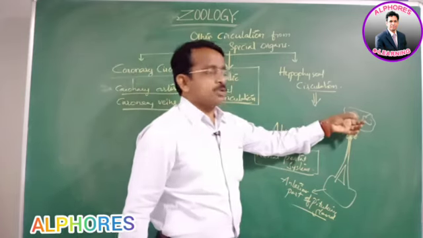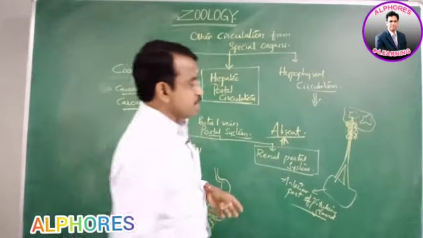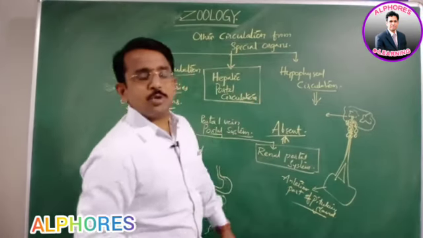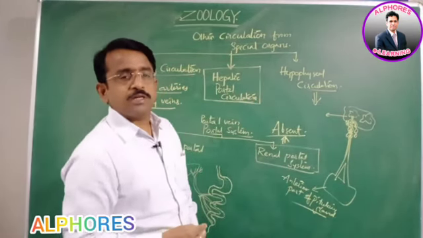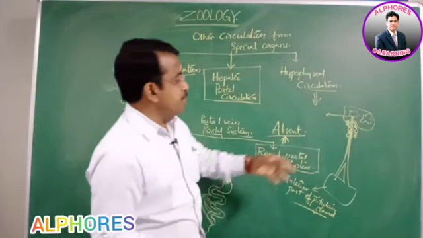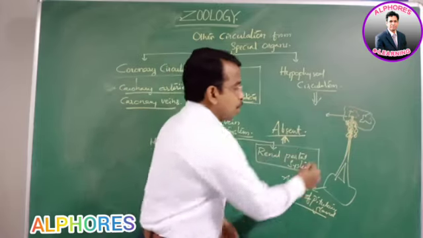Basically, somatostatin and somatotropin-releasing hormones, that is, growth hormone stimulating and growth hormone inhibiting hormones, are synthesized in the hypothalamus.